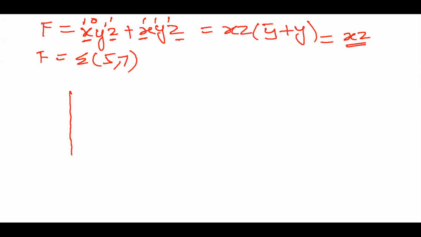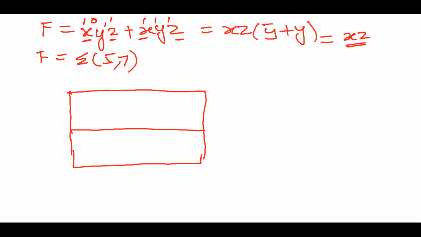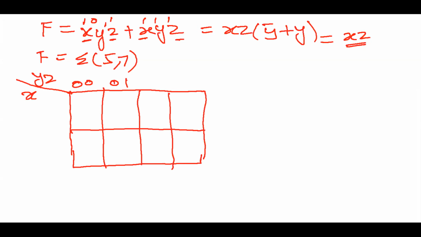So I am drawing the map here like that. And here I will be writing x, y, z. And this will be 0, 0 as I mentioned, 0, 1, 1, 1, 1, 0, 0, 1. Now just place the entries, that is, the two minterms.